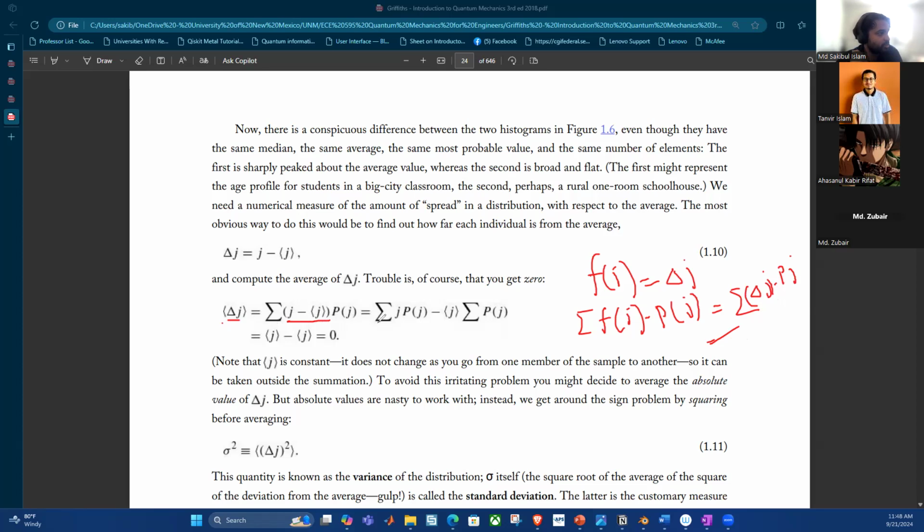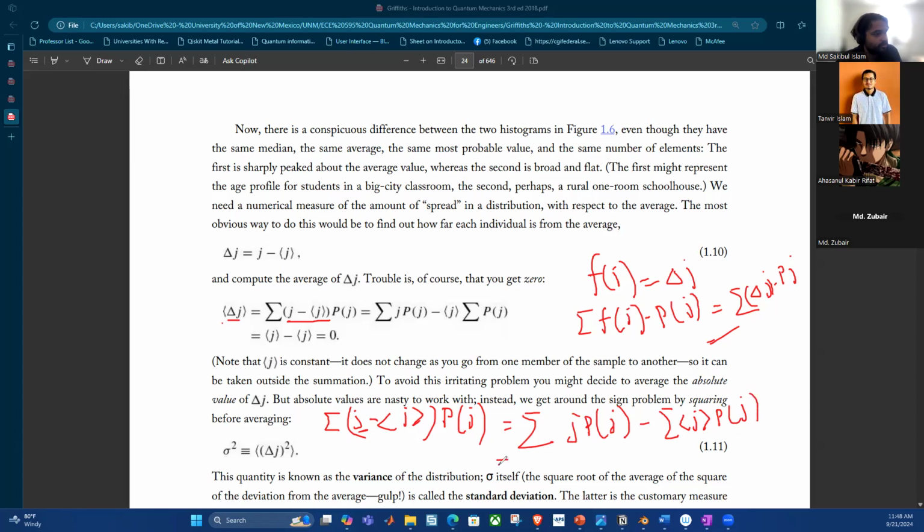Now I'm distributing: that is the sum over j of p of j, which I can write as j multiplied by p of j, then minus the average of j times p of j.